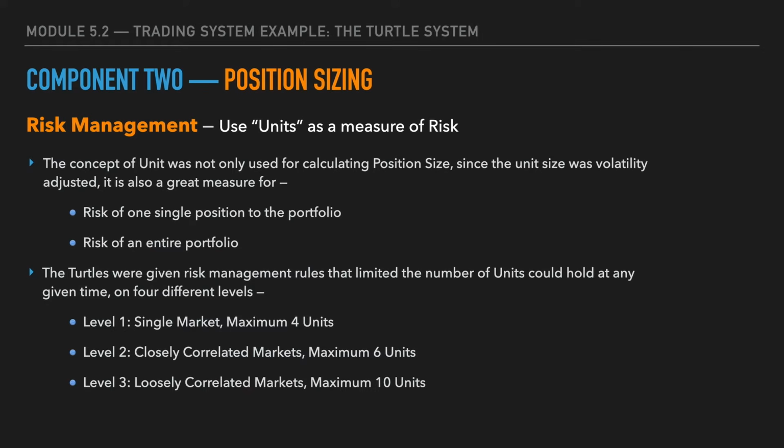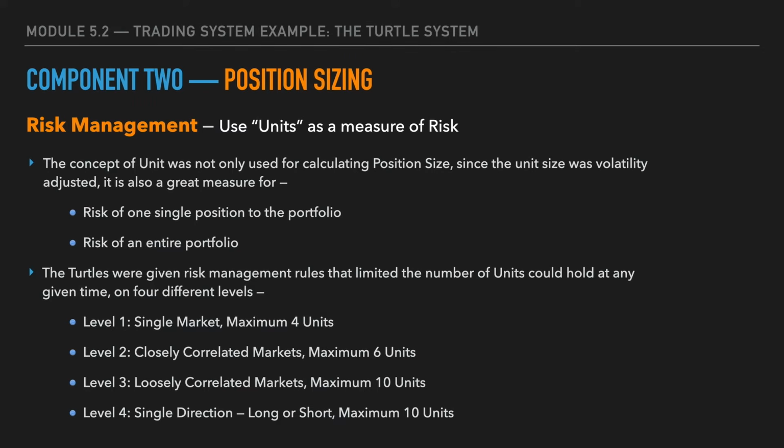Level 3, loosely correlated markets. If the positions are not closely correlated with each other, then the maximum size can be up to 10 units. Level 4, the last level, measures the trade direction risk. Basically, for all long or short positions, the maximum size is 10 units for each direction.